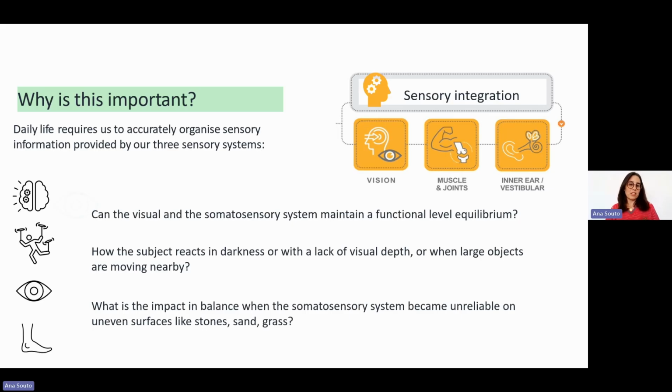So we need to ask this question: can the visual and the somatosensory system maintain a functional level of balance? How does the subject react in darkness or with a lack of visual depth, or when large objects are moving nearby? Or what is the impact on balance when the somatosensory system becomes unreliable on uneven surfaces like stones, sand, and grass?